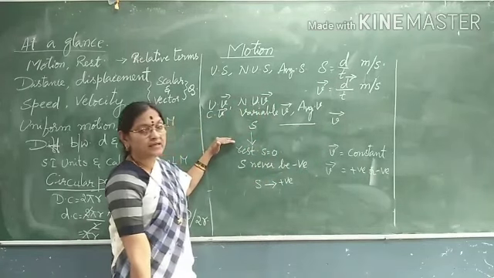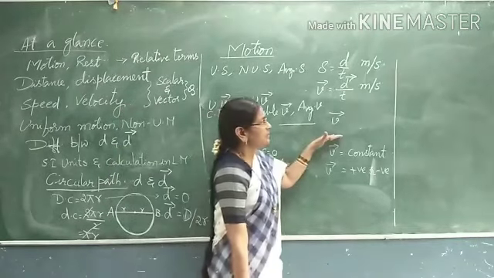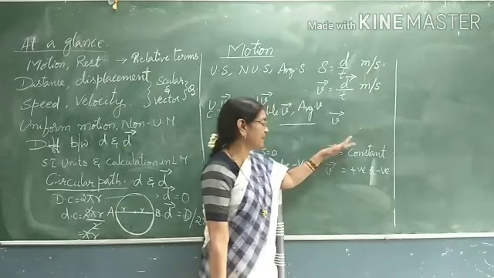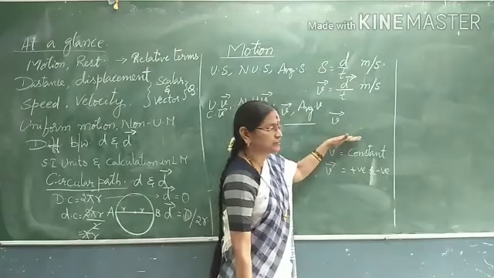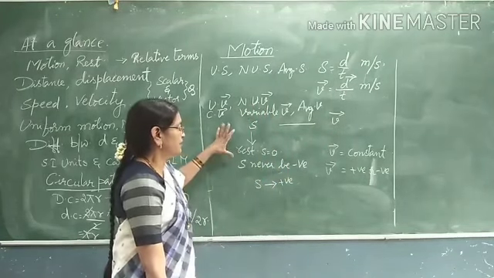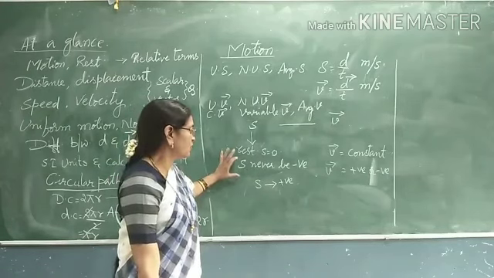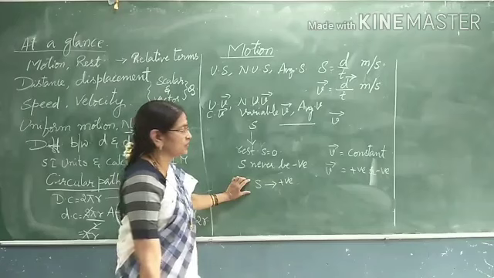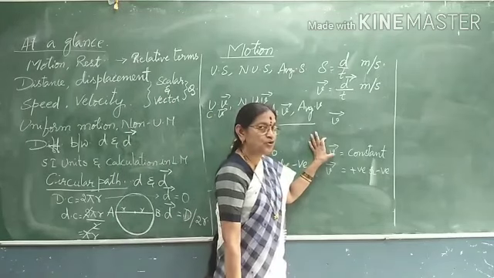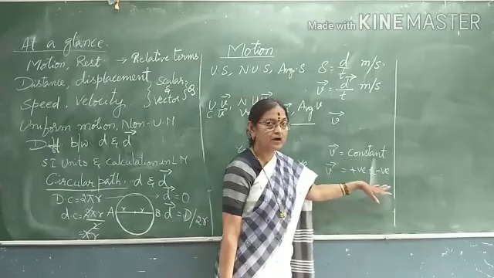Speed mathematically is represented as s equals d by t. Velocity, v vector, equals displacement by time. Speed may be zero, never negative, always positive. Velocity will be constant, or velocity will be positive or negative.